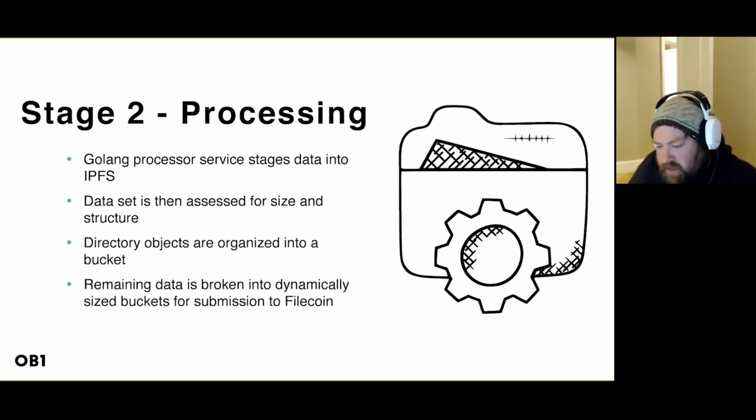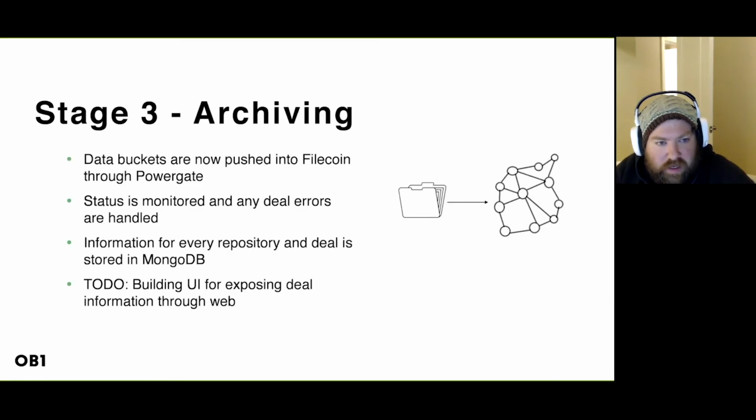Each of these buckets is being ingested into PowerGate. So they're being staged in IPFS in hot storage, and then they're also going to long-term storage in Filecoin. And then the tool will also manage making the deals in Filecoin, monitoring them, dealing with any errors that are handled, and making sure that everything ends up fully staged there in Filecoin.